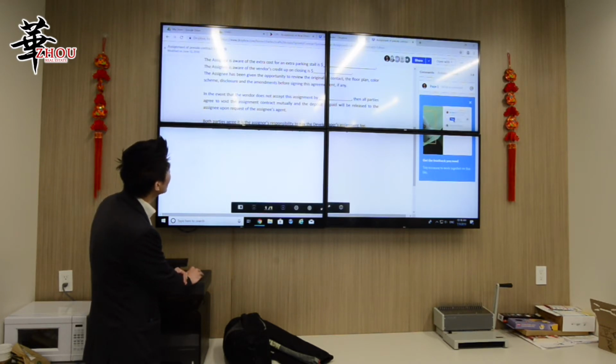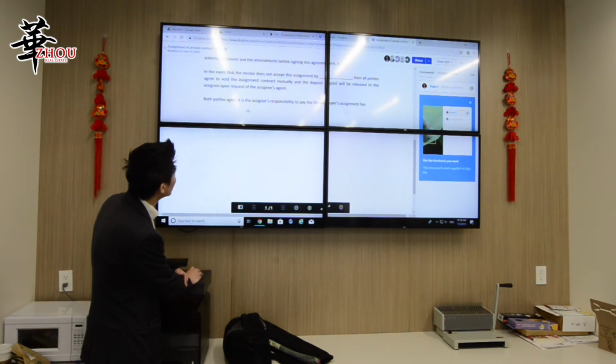In the event that the vendor does not accept this assignment by a date, this is kind of like the subject removal date, then all parties agree to void this contract mutually, and deposit paid will be released to the assignee upon request of the assignee's agent. Both parties agree it is an assignor's responsibility to pay for developer's assignment fee.